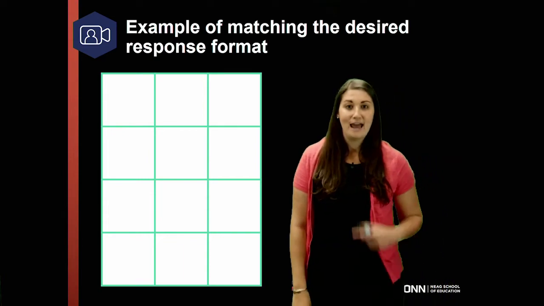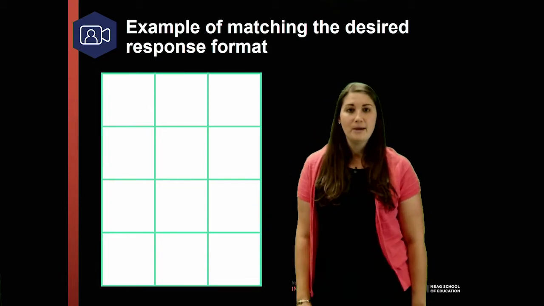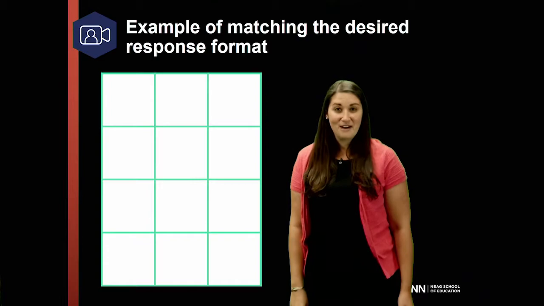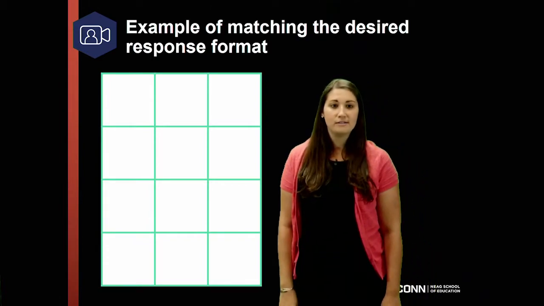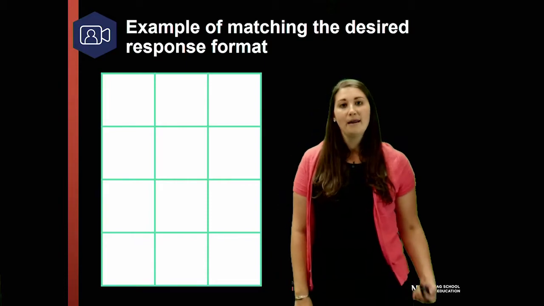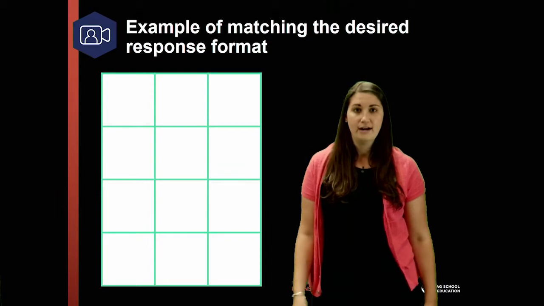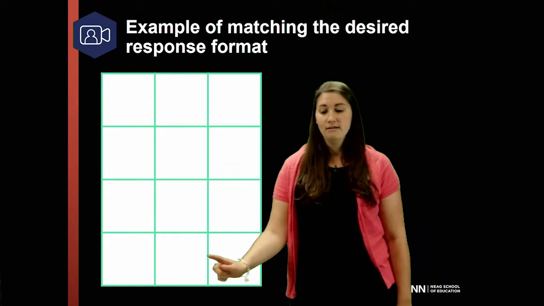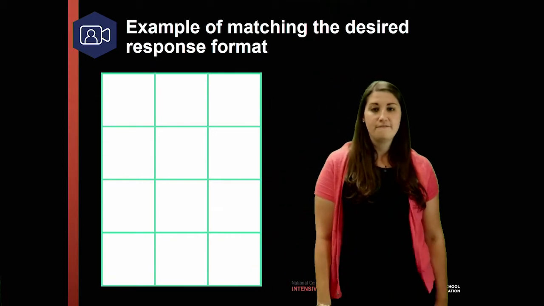Thank you for telling me that out loud. How many squares in the third row, Roman? 3. You're right, there are 3 squares in the third row. And how many squares are in the fourth row, Teresa? Come on up and point to each square in the fourth row so we can figure it out. 1, 2, 3. There are 3 squares in the fourth row.